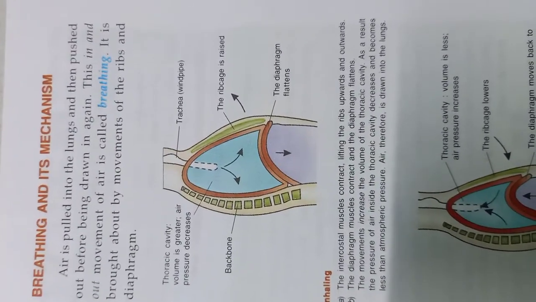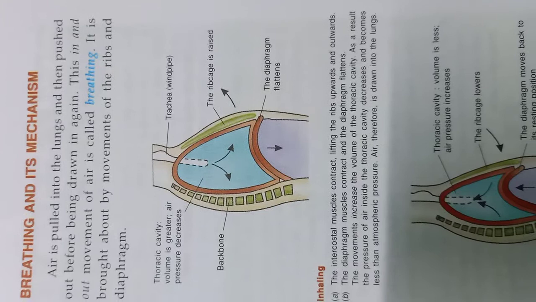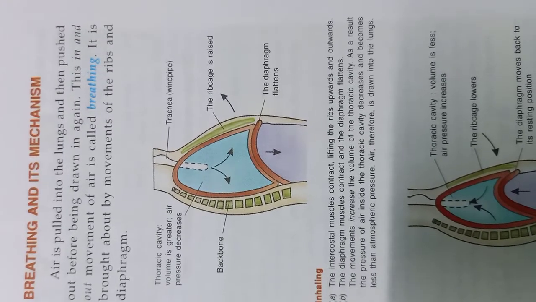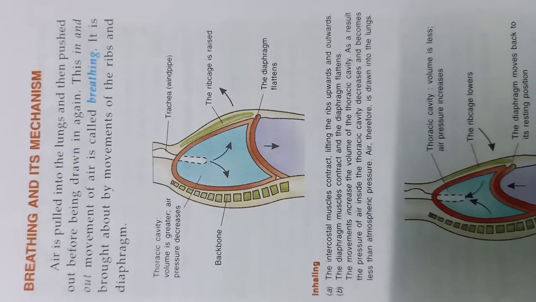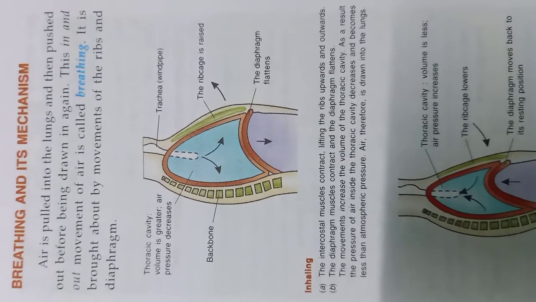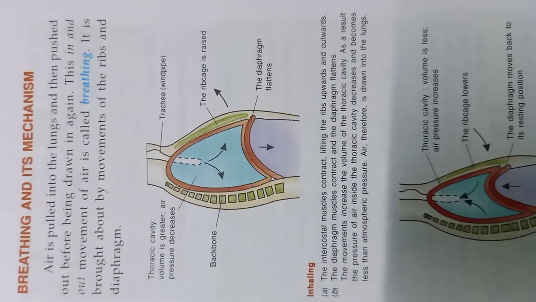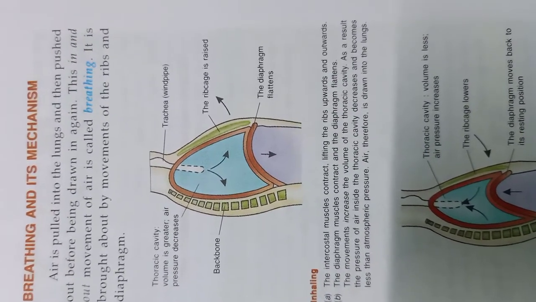breathing and its mechanism. Now air is pulled into the lungs and then pushed out before being drawn in again. This in and out movement of air is called breathing.